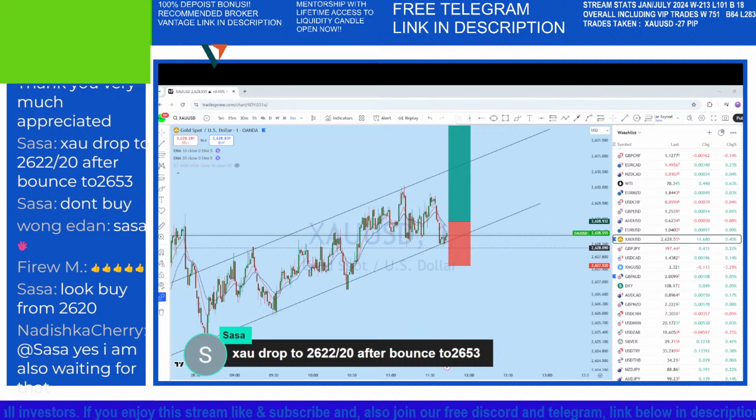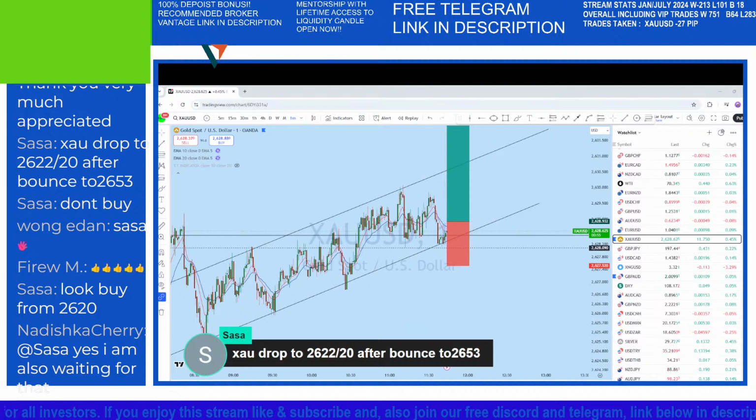We see some narrow candle being formed, which is possibly bullish price action in that area. Okay, so let's see if we got triggered here. Yeah, I've got triggered with the trade.